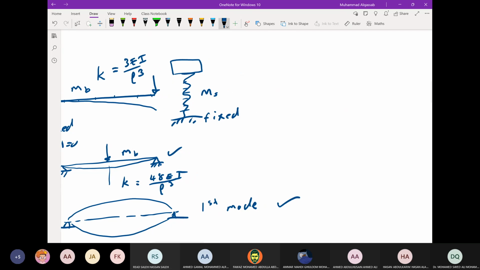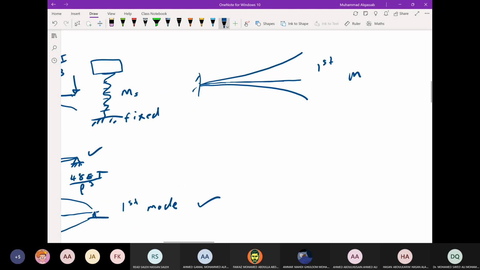The cantilever beam will have the first mode. This is the equilibrium. The first mode will be something like that, or it will go up. Either the whole beam is moving downward or upward. This is the first mode. The second mode will be something like that.